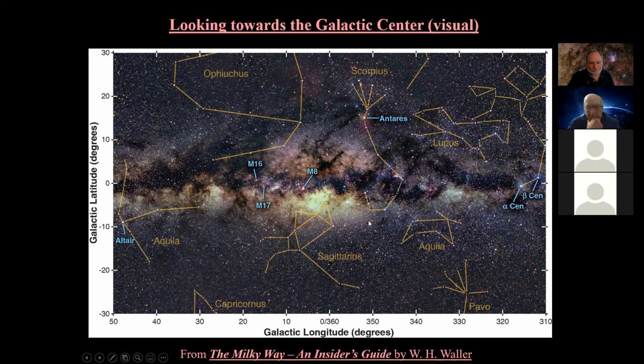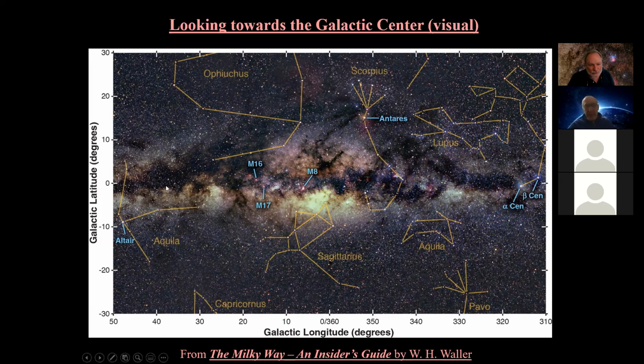And they're also familiar with some fun objects to observe through binoculars and telescopes, such as M8, which is the Lagoon Nebula, and there's actually an M20 right over here, which would be the Trifid Nebula, and M17, the Omega Nebula, and M16, the Eagle Nebula. And those are fun things to look at.